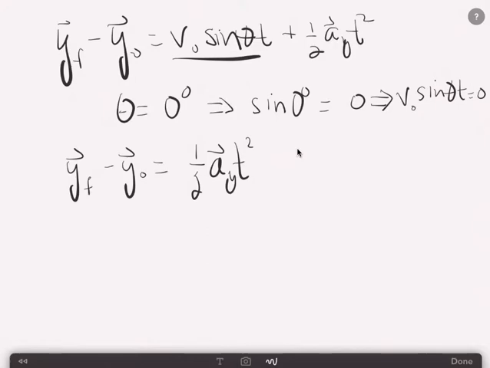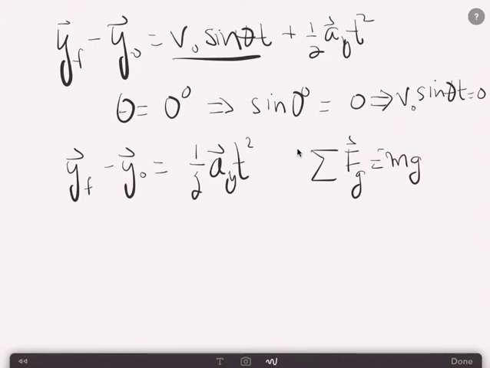Since the ball is falling, there is an acceleration due to the Earth's gravitational field, or due to the Earth's pull. And it is mass times gravity, and so it's actually a negative g.